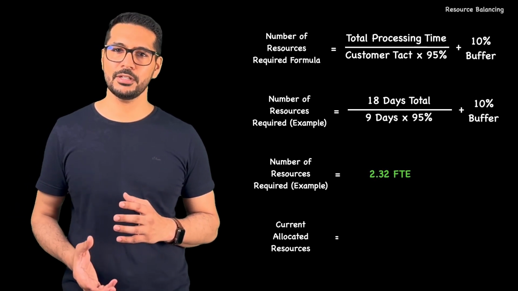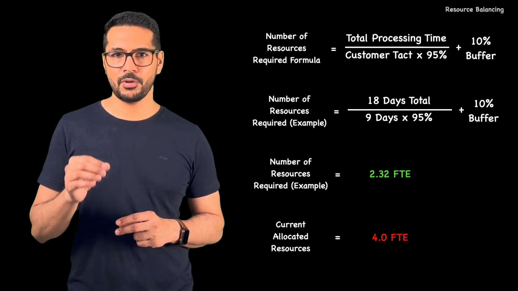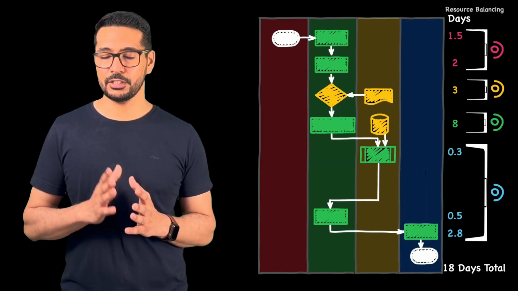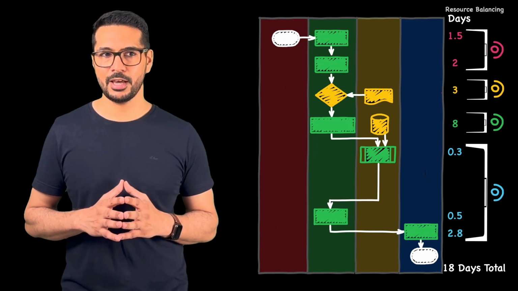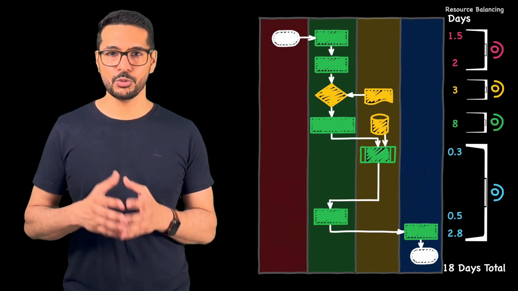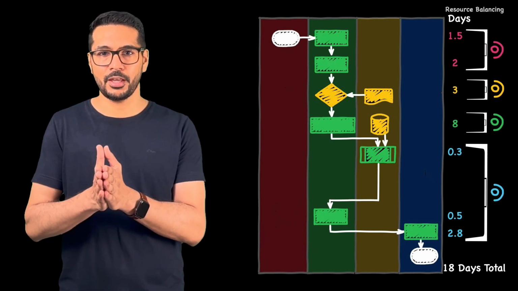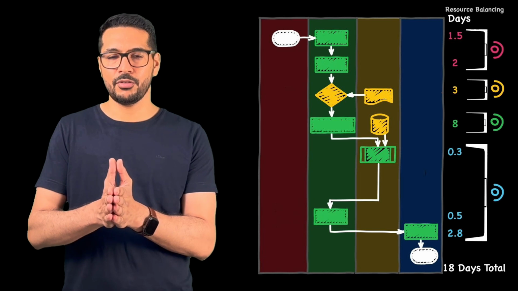And when we compare this with the currently employed number of employees in the system, that is 4, we can see that the tasks require, even after 10% of buffer, 2.3 or 2.5 or maximum 3 employees, but we have 4.